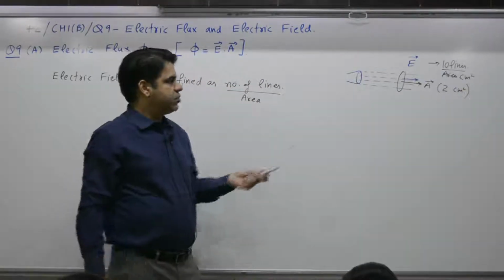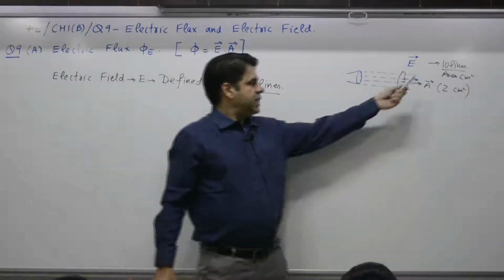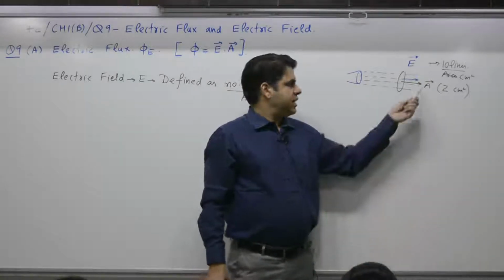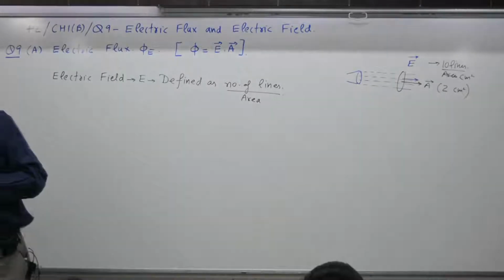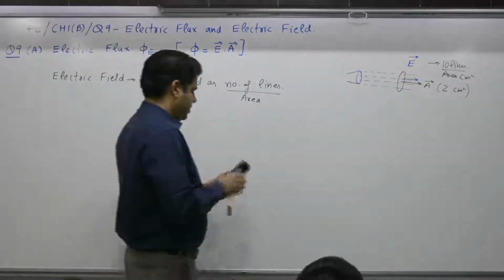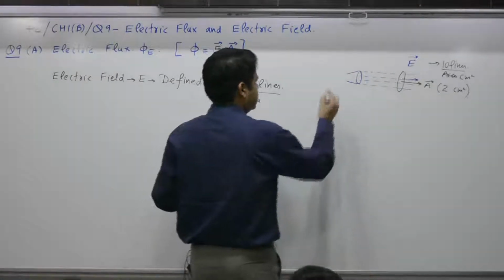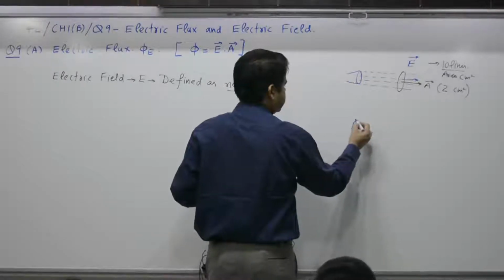E dot A comes out to be what? 10 lines per centimeter square, area is 2 centimeter square, comes out to 20. So here it is maximum, this is 1. This is scenario number 1, case number 1.